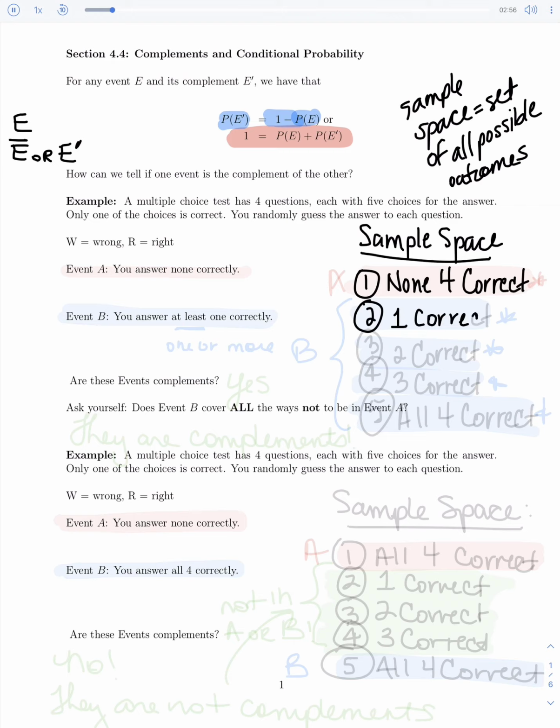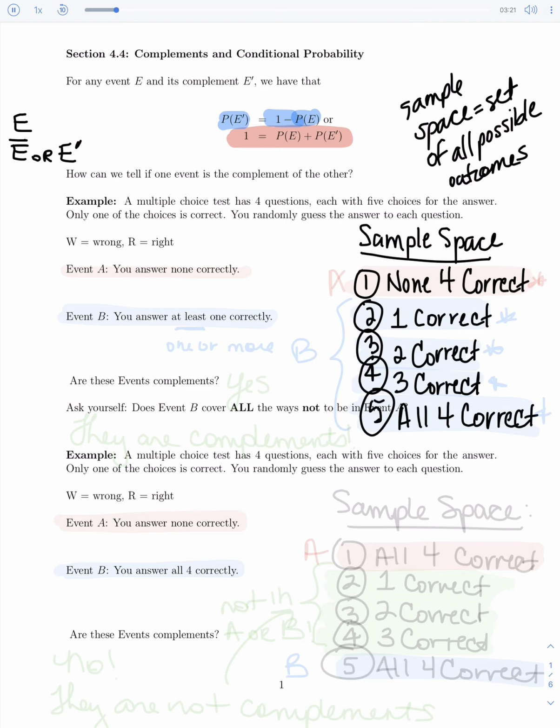Could be the first question, could be the last one, it could be one of the ones in the middle, it doesn't matter. Another option is that you answer 2 out of 4 correct. Well, another option is that you could get 3 out of 4 correct. And the last option, option number 5, is that you get all 4 of them correct.